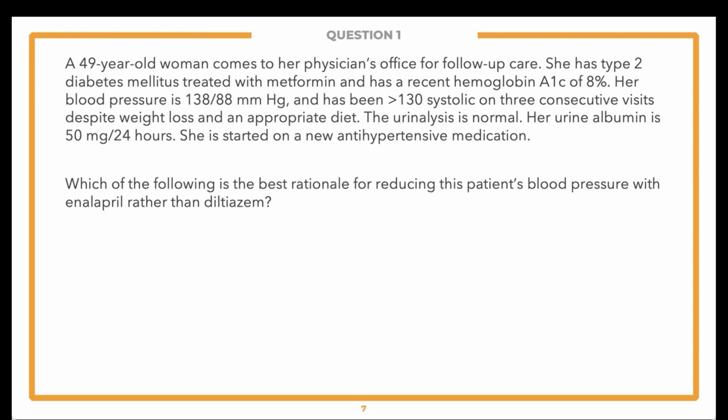Urinalysis is normal. Her urine albumin is 50 milligrams over 24 hours, and she has started on a new antihypertensive medication. So again, which of the following is the best rationale for reducing this patient's blood pressure with enalapril rather than diltiazem? Think about that as I pass it off to Abraham to break it down.